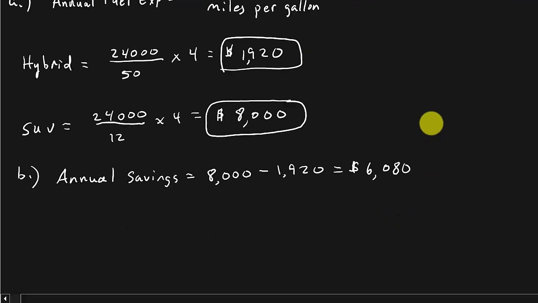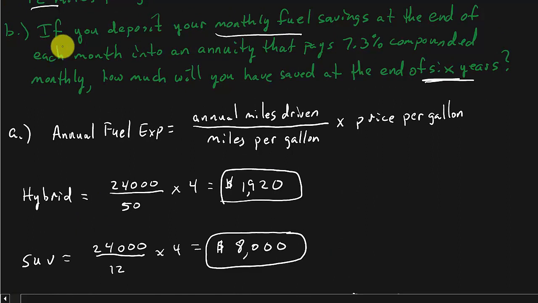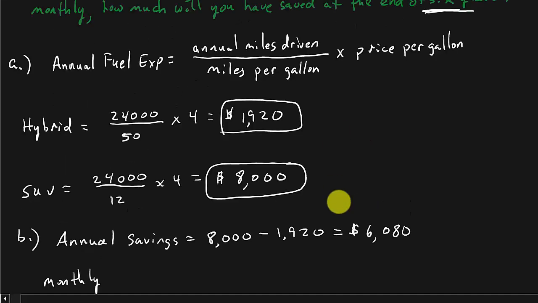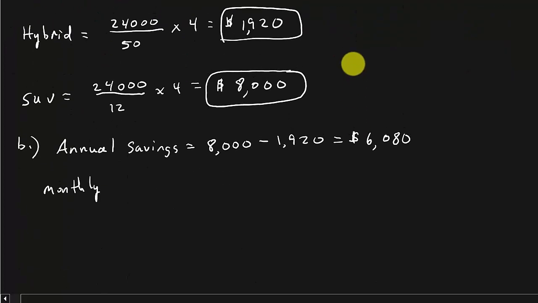So on average, how much do we save each month? Remember, we're going to put monthly payments in. It says if you deposit your monthly fuel savings. If it said yearly fuel savings, then we would use this number, 6,080. But because it says monthly, we've got to figure out our monthly savings.